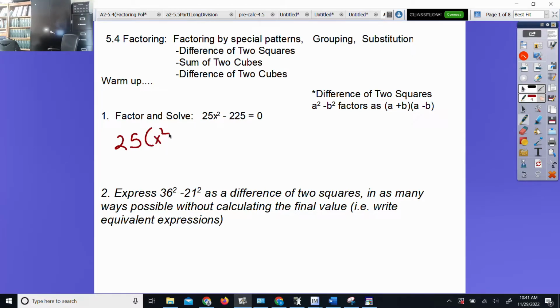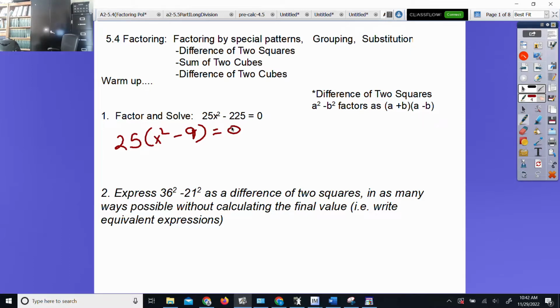Anyways, you can pull a 25. How many times does 25 enter 225? 9. That makes your numbers smaller. It's a lot easier to factor x squared minus 9 than it is to factor 25x squared minus 225. Okay?